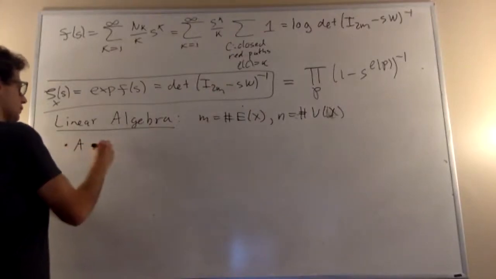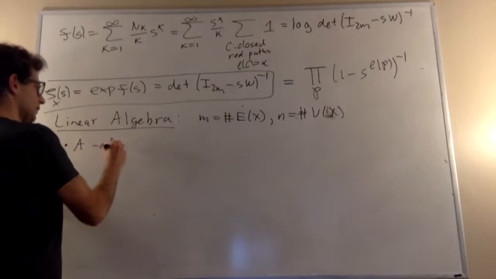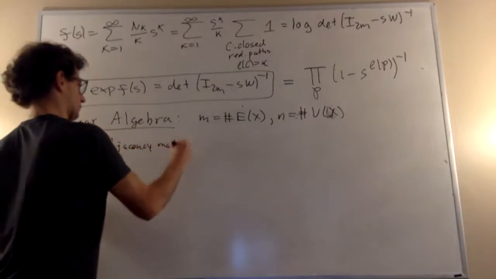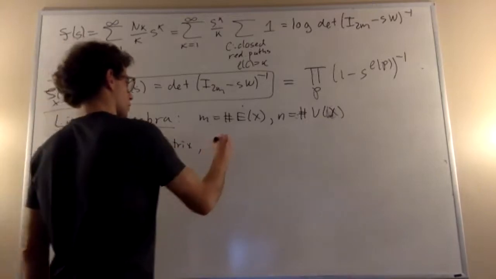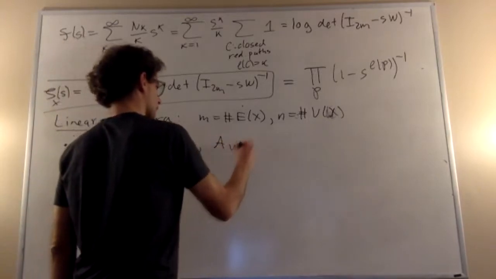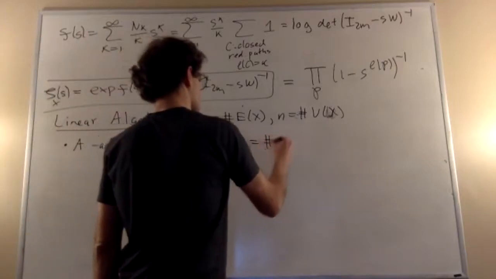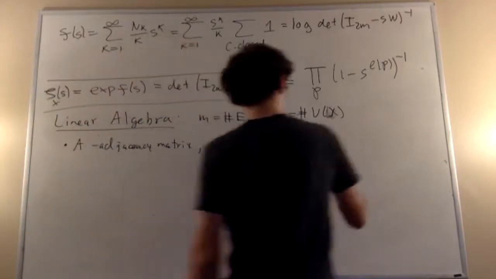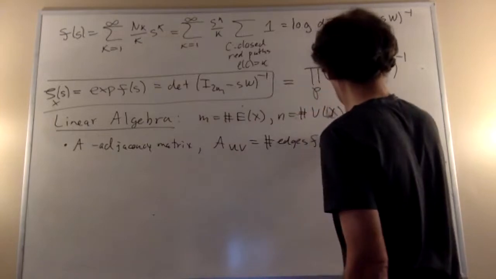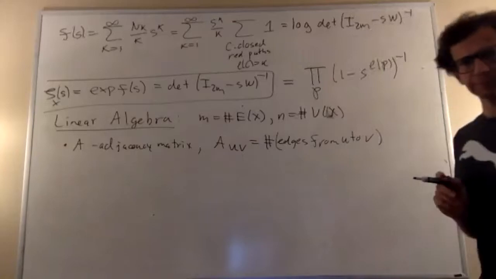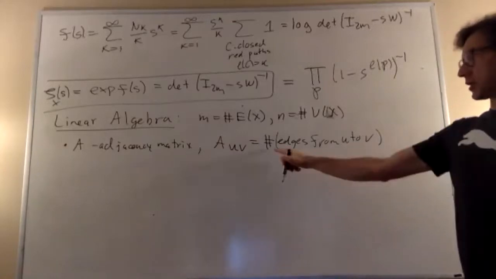And so I'm going to introduce the following matrices. So A is what's going to be called the adjacency matrix. It's indexed by a pair of vertices, and A_UV is the number of edges from U to V. Okay. If there are multiple edges, this can be more than one.